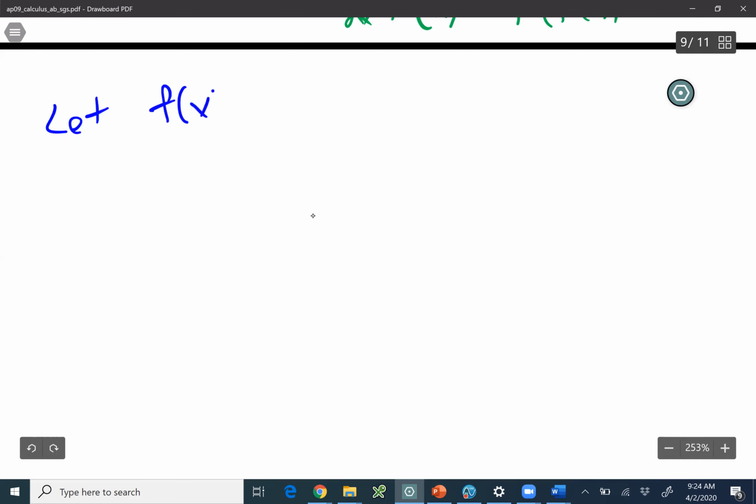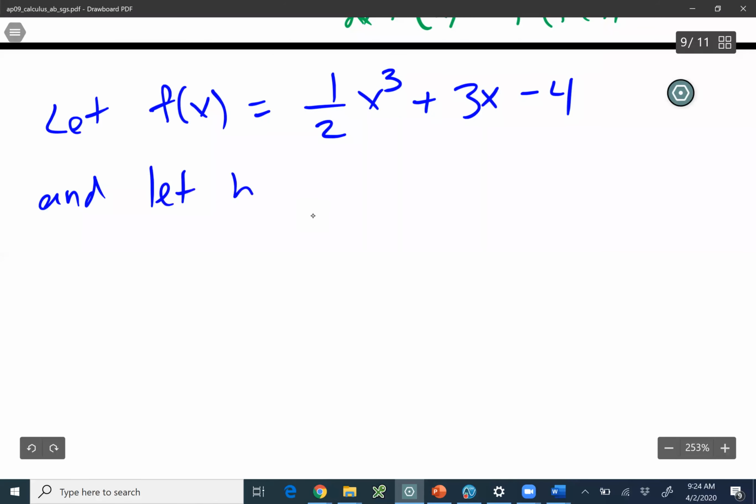So what we're going to do is an example where we say, let f of x equal 1/2 x cubed plus 3x minus 4, and let h be the inverse of f.